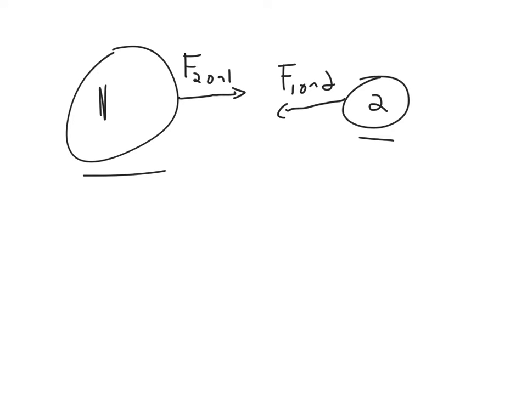Whenever we have two objects that are exerting a gravitational force on each other, so let's call this planet 1 and call this one planet 2. The force that planet 2 applies to planet 1, so that's this force right here, is the force of planet 2 on planet 1, and then we also have the force that planet 1 applies on planet 2. These two forces are equal.